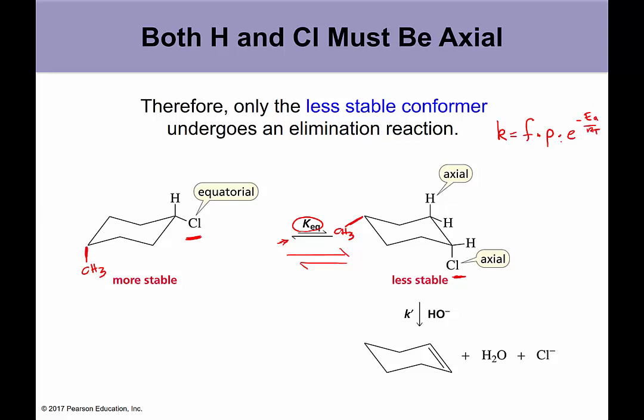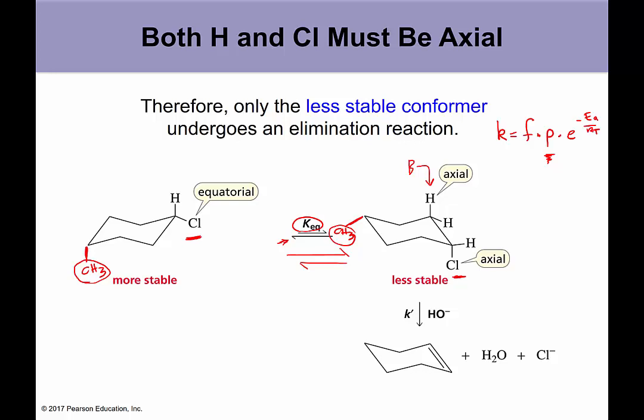So if you add a large group in this position here and it forces the molecule to push that to the equatorial position, there will be more collisions, that is this term here, of the base to the beta hydrogen that are in the correct orientation to produce the product.